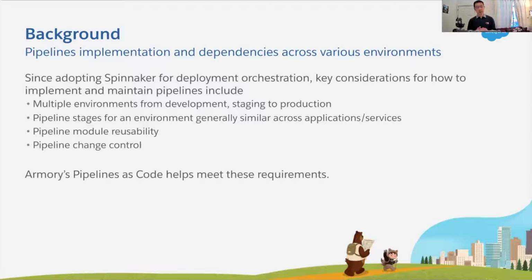This point is mainly about restricting who can submit source code changes, who can review pull requests, and who can apply source code changes onto pipelines. Given all these considerations, we enabled Armory's pipelines as code feature. This feature helps us meet these requirements.